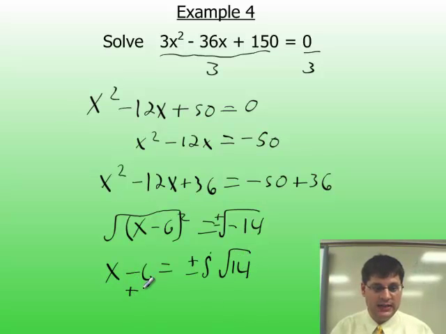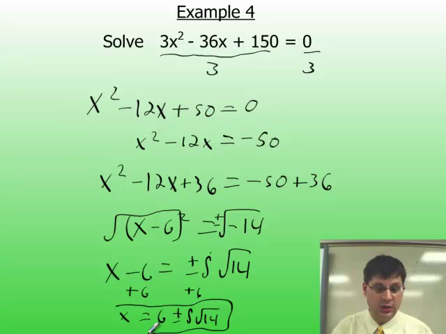Finally, I'm just going to add 6 to both sides, and I'll be left with x equals 6 plus or minus i square root of 14. And those would be my two solutions, which both happen to be imaginary.